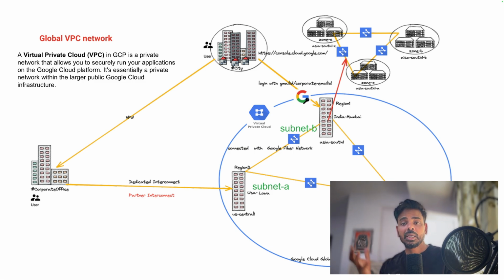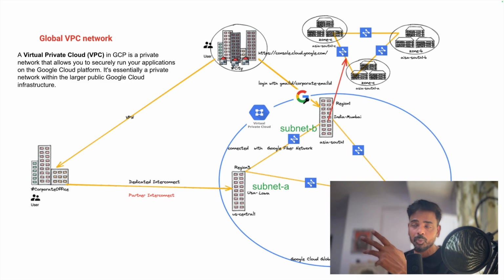Now as part of this architecture, you can see a couple of options which I have mentioned, like subnet A, subnet B, subnet C, and the location which I have already mentioned over there. Inside the circle I'm able to create based on your business requirement, right? But how are the people interacting from the corporate office, how are people connecting to Google Cloud Platform?